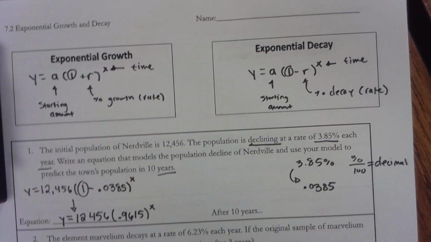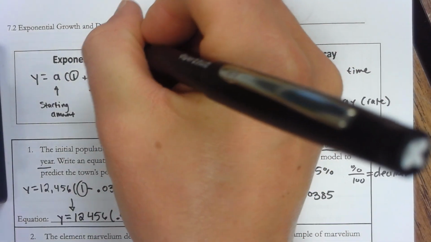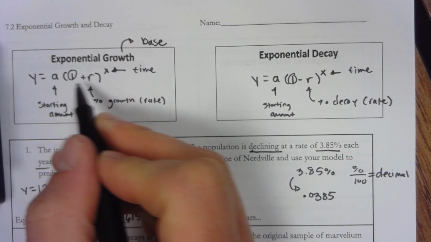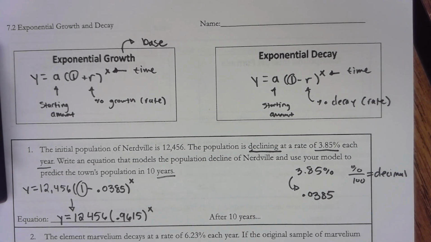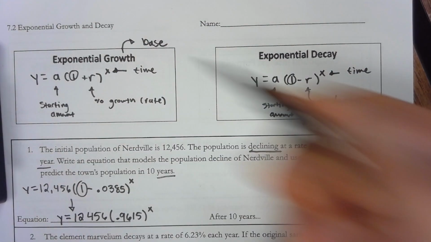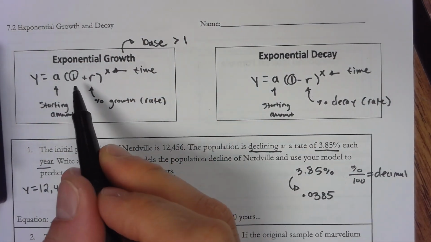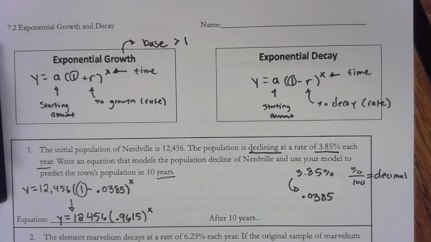And in fact, I want to add that into our notes here. So exponential growth, the base, and when I say base, that's the 1 plus r. Every exponential expression has the base and the exponent. So for growth, the base is greater than 1. When I take 1 and add a percent, we're always going to end up greater than 1. So if I give you an equation, you should be able to say, hey, that represents exponential growth because the base is greater than 1.